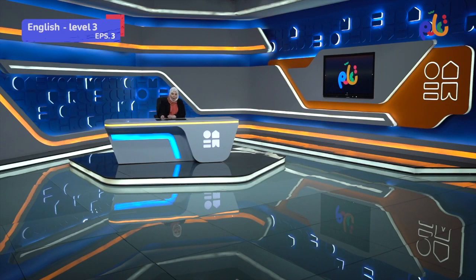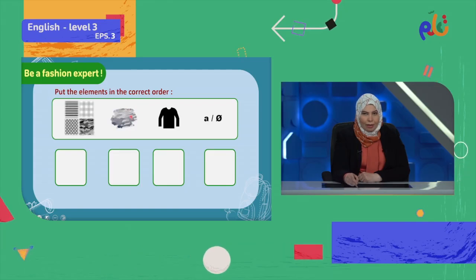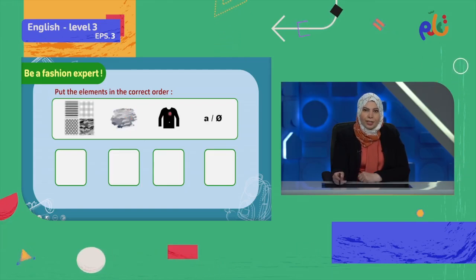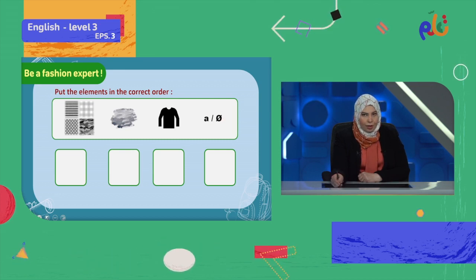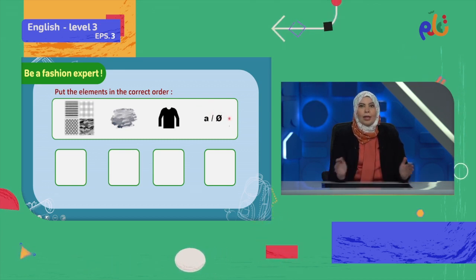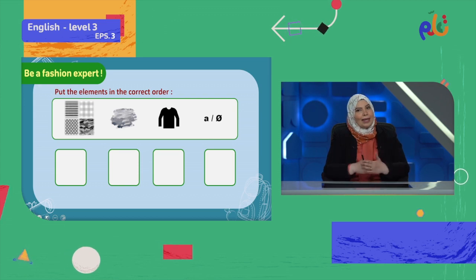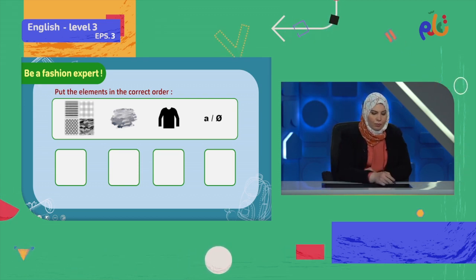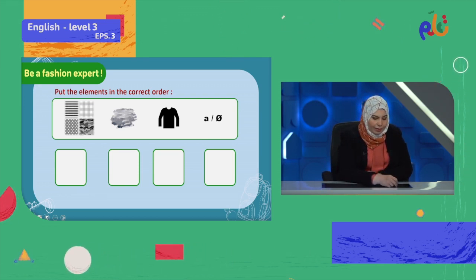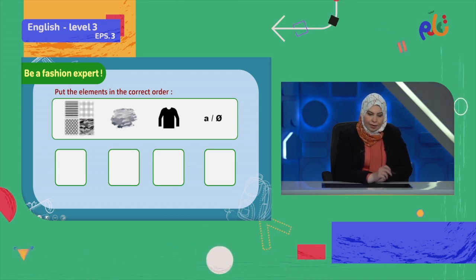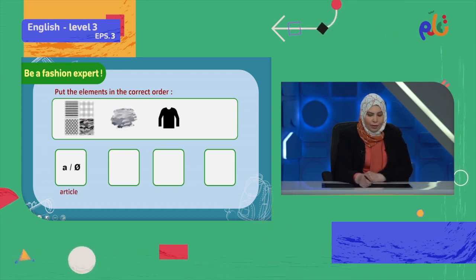أوكي، يبقى احنا لو عندنا الحاجات دي، so what do we call this? This is the pattern, and this is the color, the name of the piece, and these are articles, either to put a or nothing. لو أنا هرتب دول، لو أنا هعمل statement عندي، إيه هيجي الأول وإيه هيجي بعديه؟ So the first thing is the article, and then comes the color.